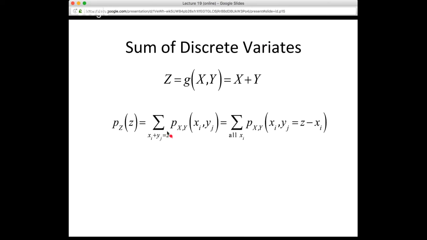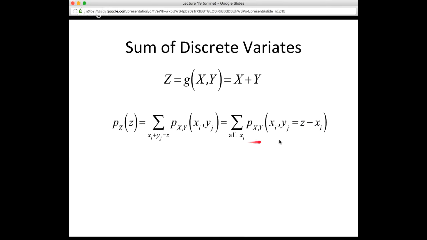Now, as I mentioned in class, this is kind of an awkward notation, and so we can rewrite it by simply solving for one of the independent variables, say yj. We can express yj as yj equal to z minus xi, and then just sum over all xi. So for each xi value in the sum, we compute the corresponding yj value through this formula, which obviously depends on z.